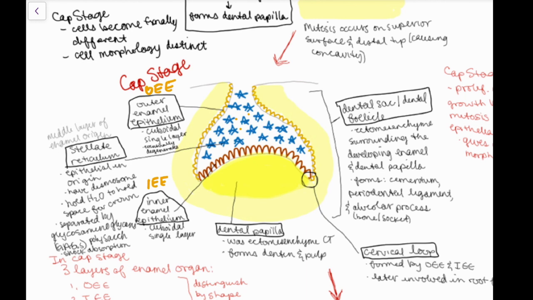And then we have the cervical loop, where the inner and outer enamel epithelial meet. Dental sac, which is the surrounding structure where all the periodontium will form, and dental papilla, where the pulp will come from.